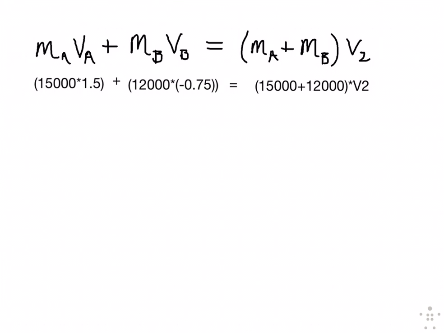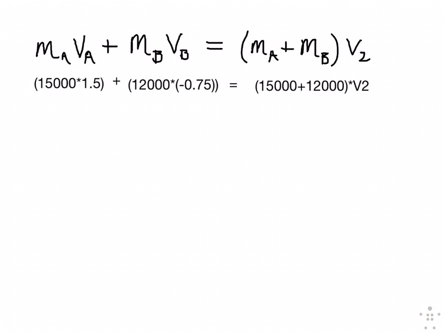So using the conservation of momentum, you can see that we have m_A v_A plus m_B times v_B, so that's the initial momentum for both particles. That equals the combined momentum. So we have the combined mass times a common velocity v2.